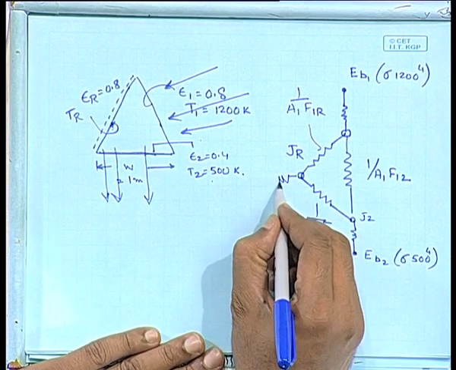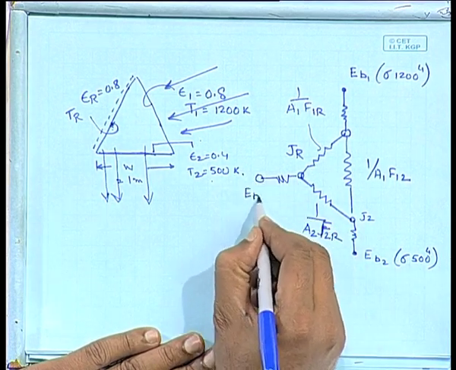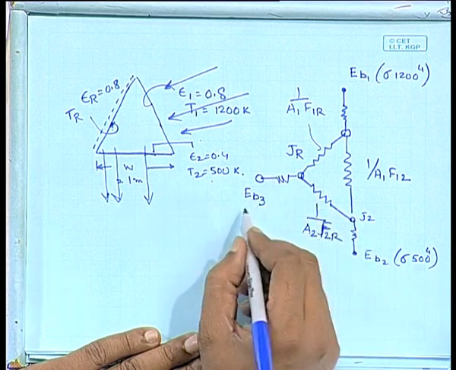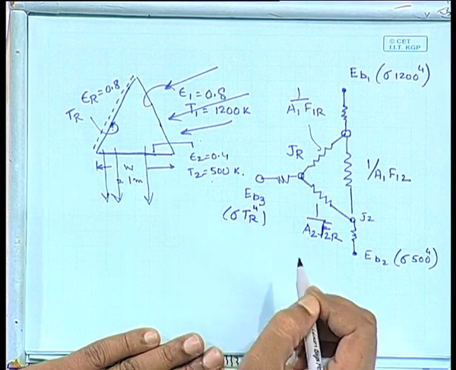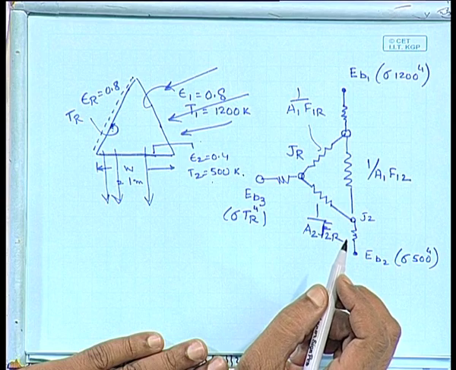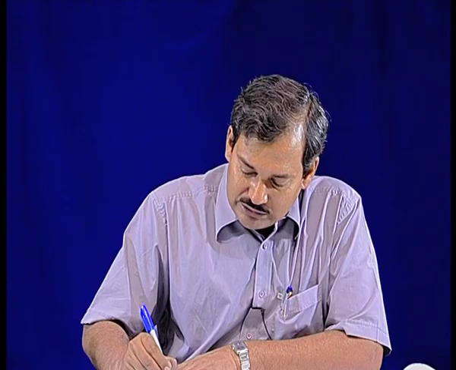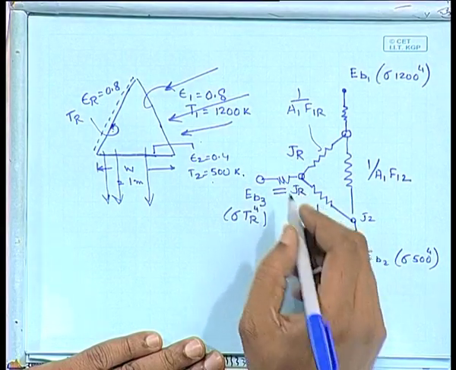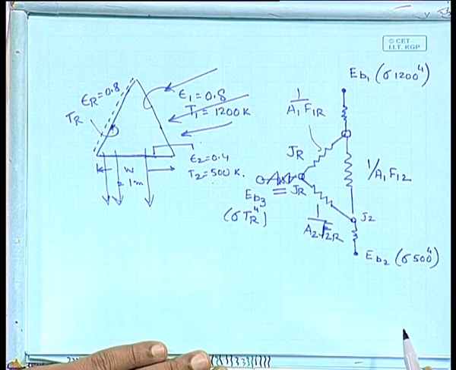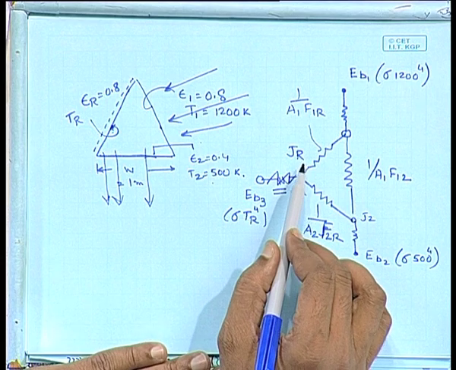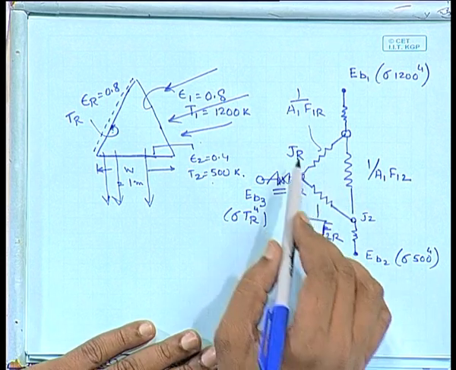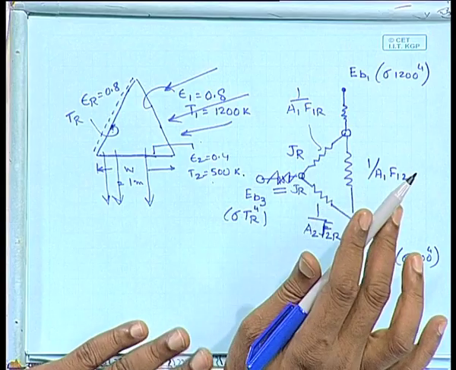And then I am going to have EB3, which is sigma Tr, which is unknown, to the power 4. Since this is an insulated surface, it is a radiating surface, so these two are equal. This resistance does not exist. So, in order to find out the temperature of surface R, the quantity that you would like to evaluate is JR. If you can find out JR, your problem is solved.